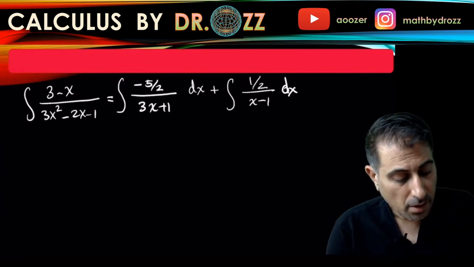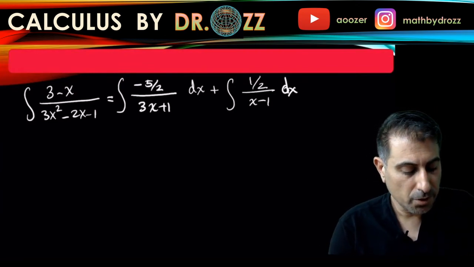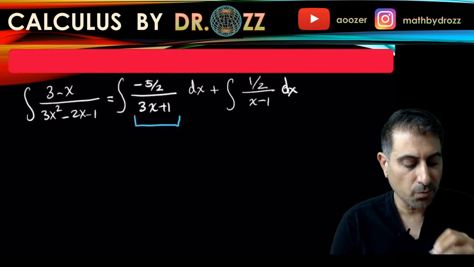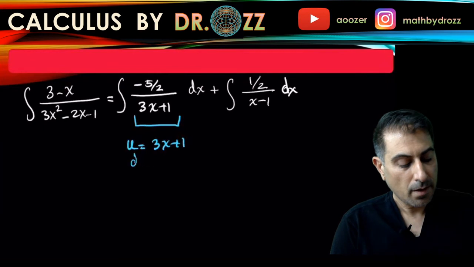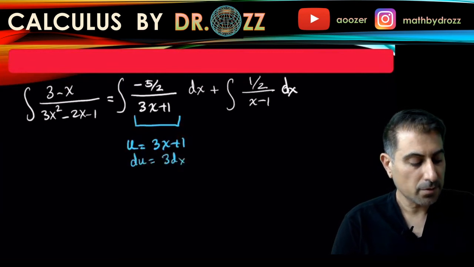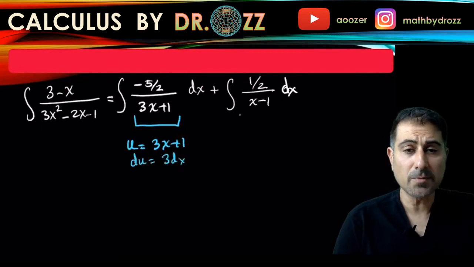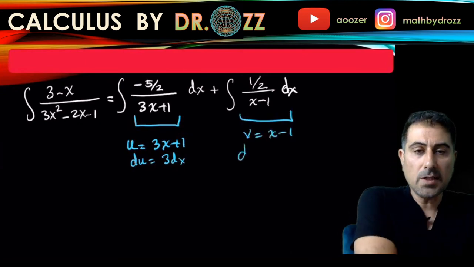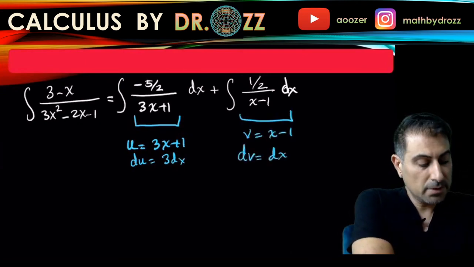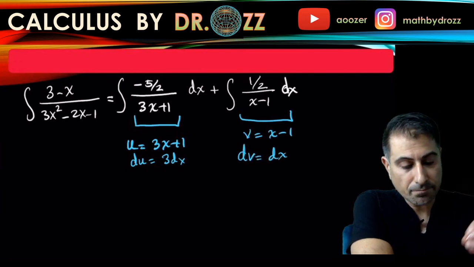Here we go. Here I'm going to use u equals 3x plus 1, so that du equals 3 dx. And here I'm going to use a different letter, so I'm going to use v equals x minus 1. And dv is going to be equal to dx. Okay?